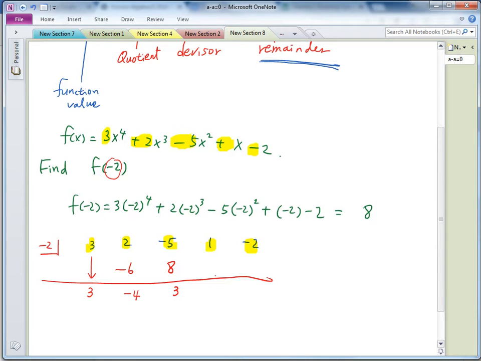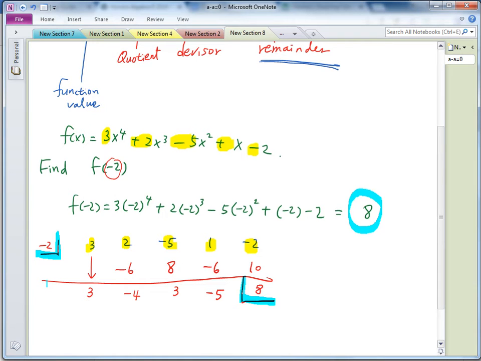Multiply negative 6. Add: negative 5. Multiply: 10. What is my remainder? 8. See? I got the same number. I did direct substitution, or I use synthetic division to find the remainder using this as my divisor, and I get the same answer.